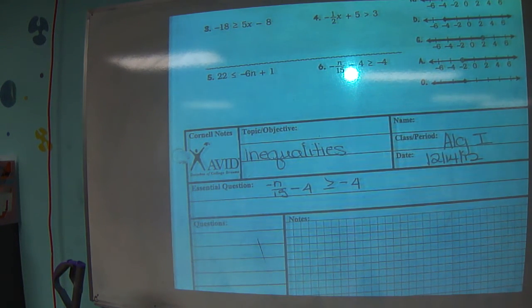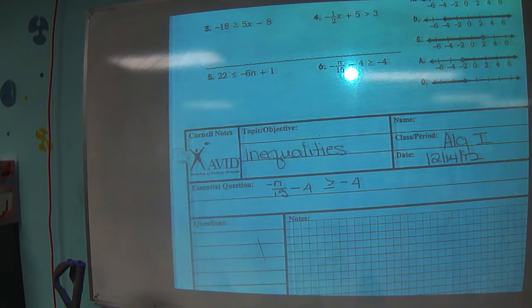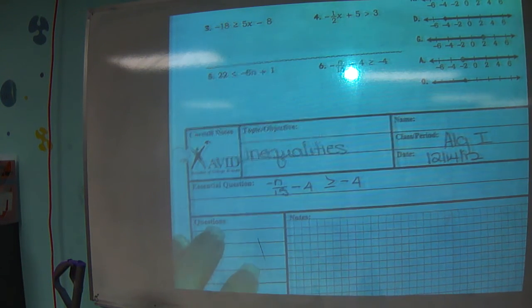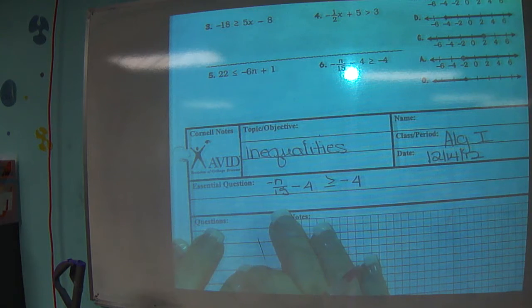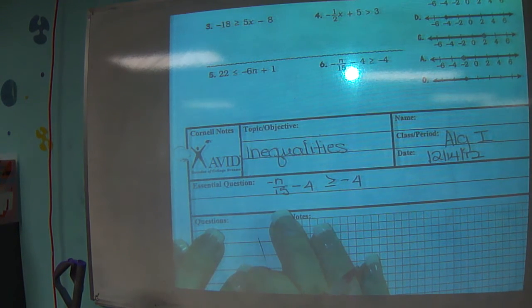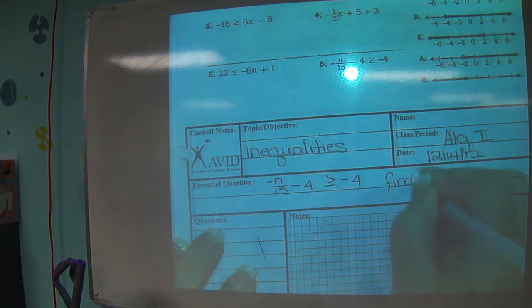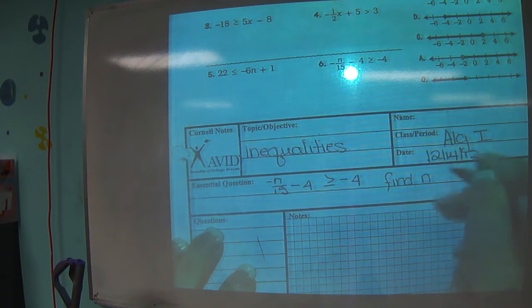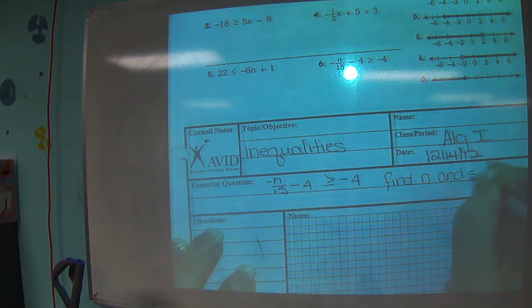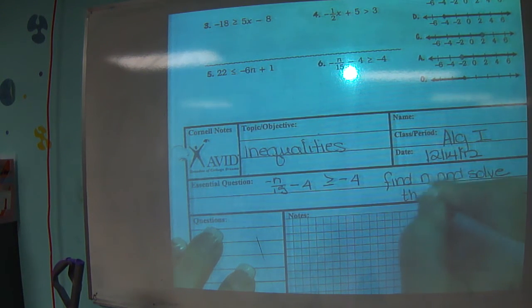What are we really trying to do here? When we have a question like this, what's our goal? Find n, find n and solve the inequality.